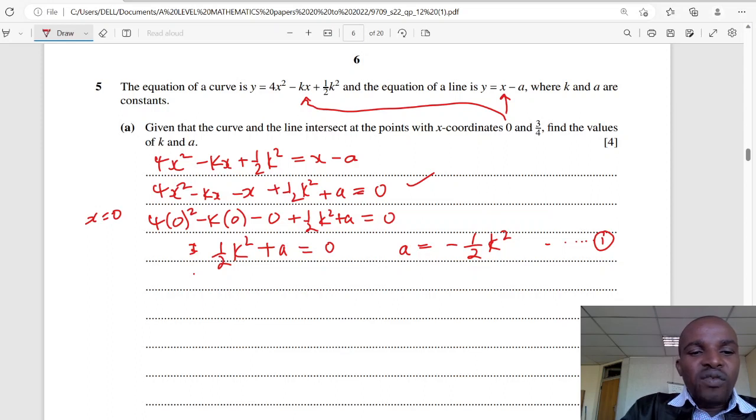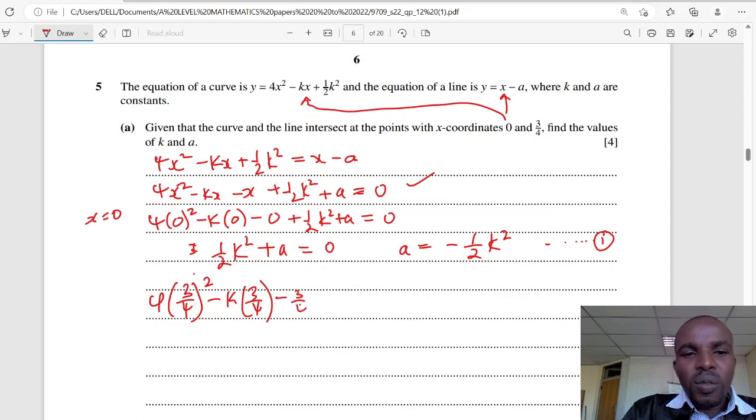So it will be 4 times 3 over 4 squared minus k times 3 over 4, right? Then minus x which is 3 over 4, then plus half k squared plus a is supposed to give you 0.